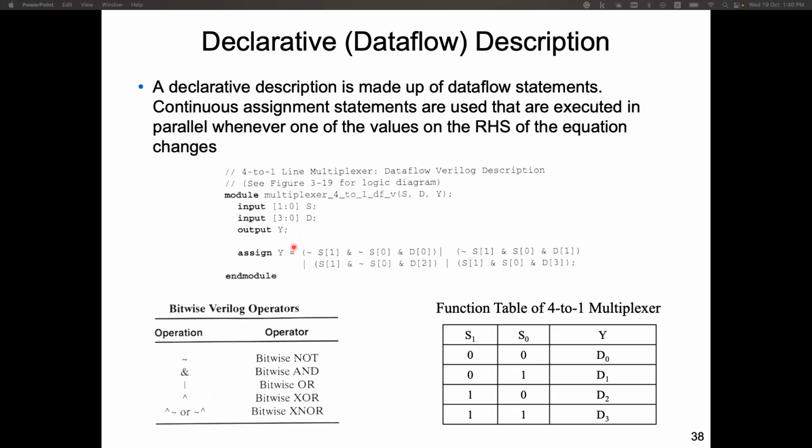And here, the output on the left-hand side in this assign statement must be a wire variable. We know we have 2 categories, wire and register. The left-hand side must be a wire. And for the ports S, D, and Y, if they are not declared as wire or register, then the default is wire.